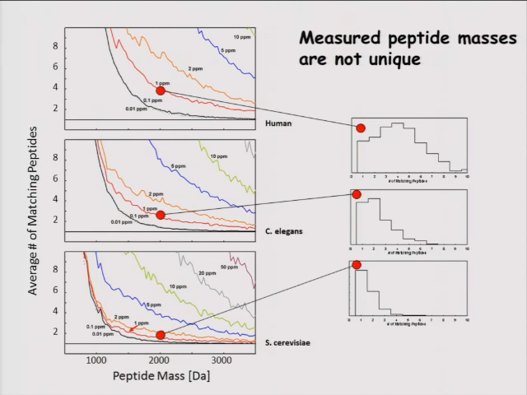So if we look at the mass of 2,000 Daltons and the very good accuracy of 1 ppm, in the human proteome we still have, on average, 4 to 5 peptides. We also notice that as we go up in mass, the number of matching peptides is going down.